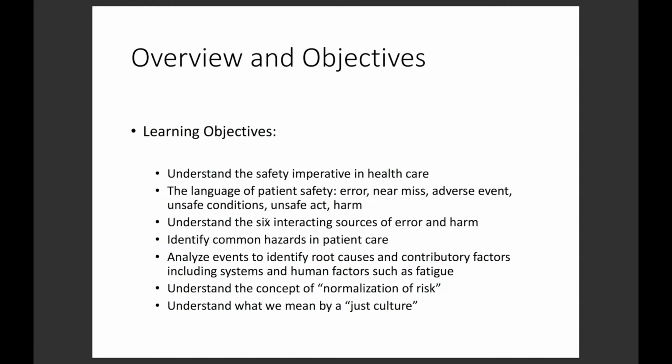And one of the big pieces of this that you're going to learn is to be able to distinguish between things that are called system-based factors and human factors. And that's going to be the major dividing point we're going to be thinking about. Understand this concept of normalization of risk, and understand what we mean by the words just culture.